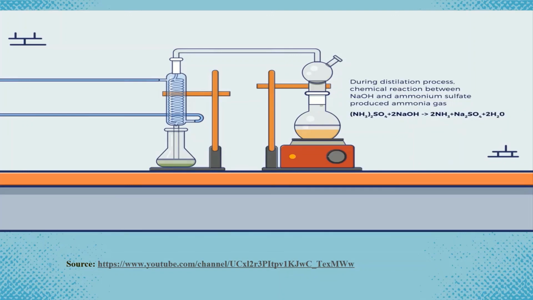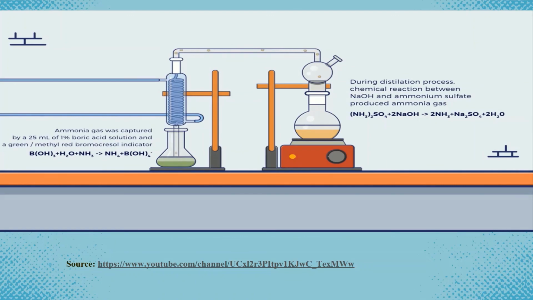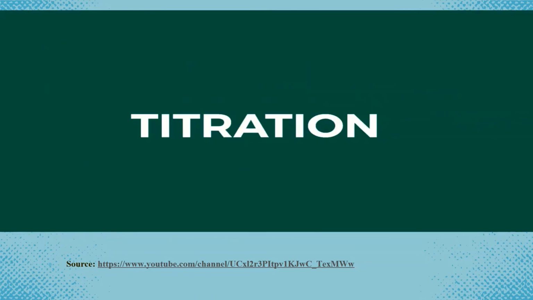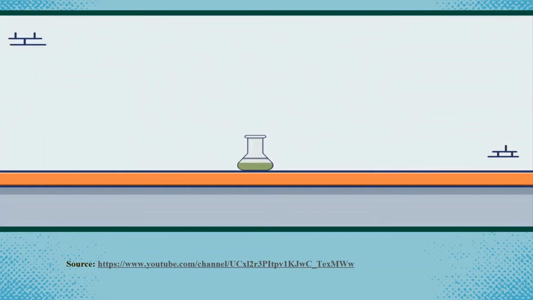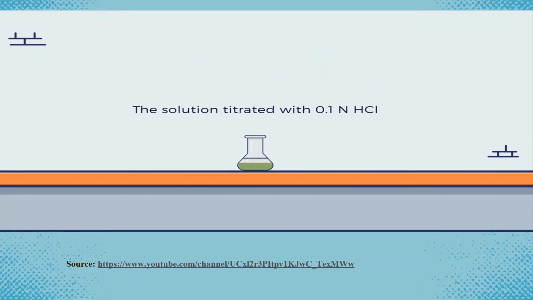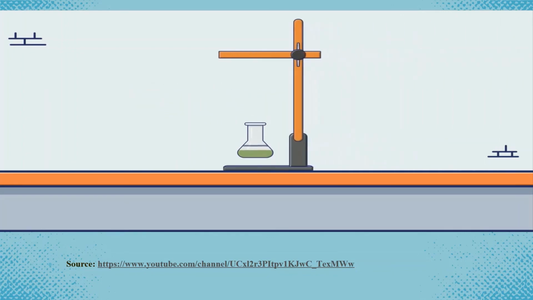After condensation, the next and final step is the titration process. For the titration, a known volume of suitable acid is added to the products of the distillation process. Titration is carried out, and the amount of acid that is used gives us the moles of nitrogen that was present in our sample.